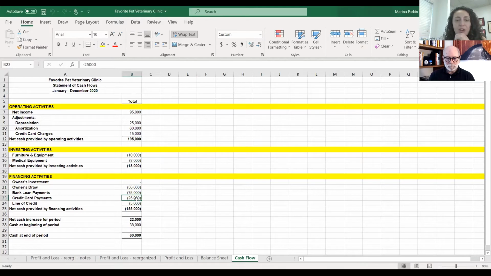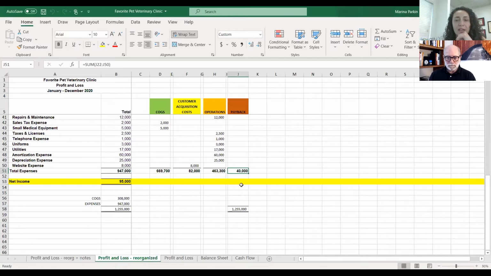We paid some of the credit cards and such. So if you really wanted to, you could take this section of the owner draw and bank loan repayment and add that to this payback section. So you're not just looking at the income statement, you're really looking at the income statement and the cash flow statement together. So you can create a statement to say that. So I think that's another option.